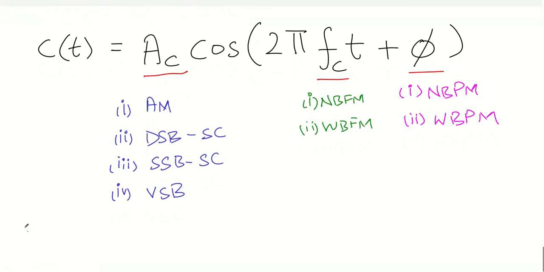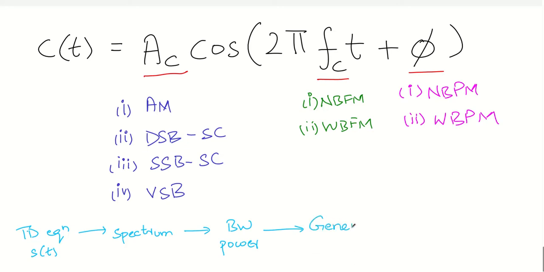Firstly, we will be looking at the time domain equation of S of t, and then we will look at the spectrum of S of t, that is S of f, and then from the spectrum we will calculate the bandwidth and power for the specific modulation type, and then we will look at the generation techniques of S of t, and then we will look at demodulation techniques of the particular modulation type.